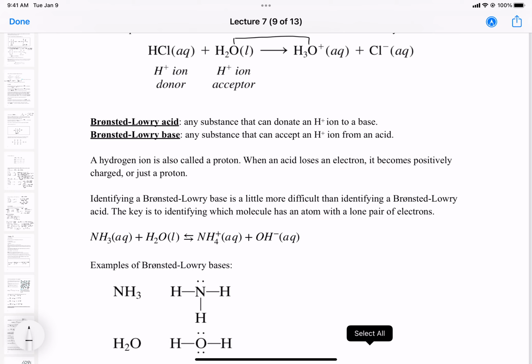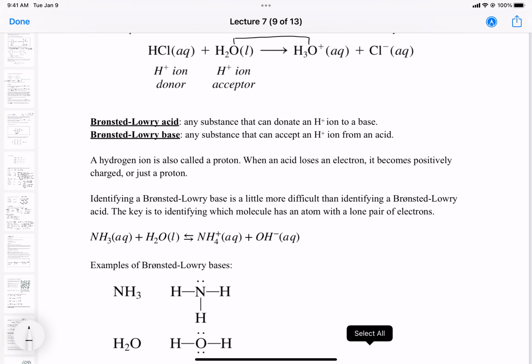So that's what that statement means. When you lose the hydrogen atom, it becomes positively charged with just a proton. So that's why we say a hydrogen ion or just a proton. Usually I just say proton, so I may say that a lot. What I mean by that is an H plus ion.